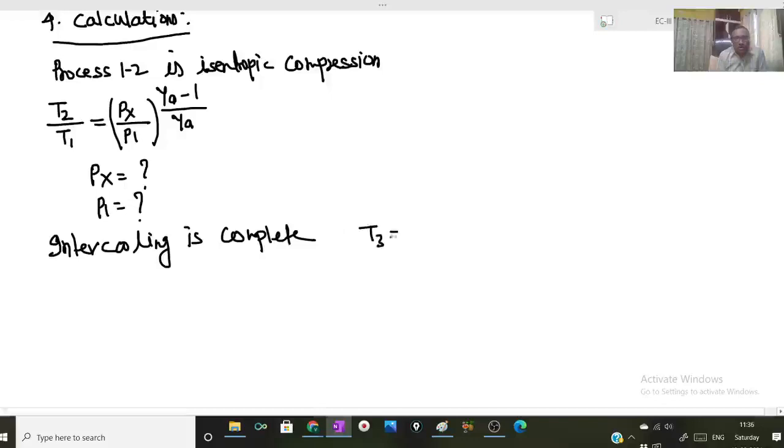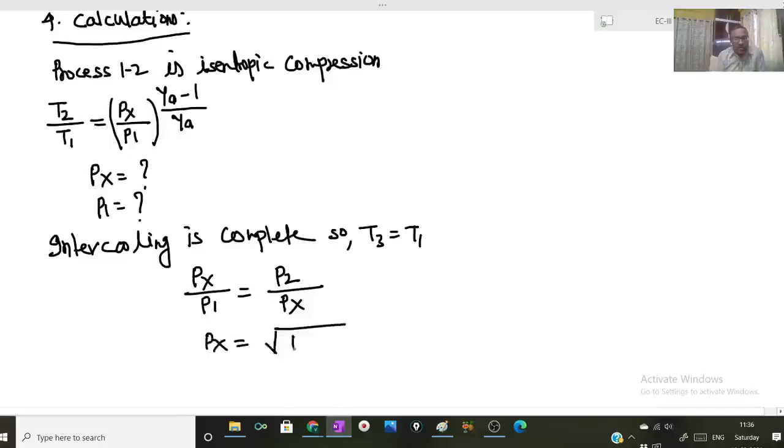So T3 is equal to T1, and we have also been given Px by P1 is equal to P2 by Px. Okay. So from here I can say Px will be square root of P1 P2.